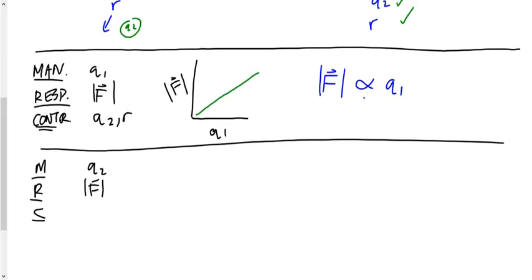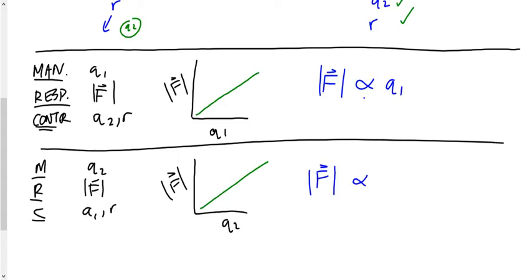He's got to keep Q1 and R the same. So now this time he plots a graph of F versus Q2. How does the value of Q2 affect the value of the force? Well, in the same way as Q1 does. It's a linear relationship. So as Q2 goes up, F goes up, whereas Q2 goes down, F goes down.